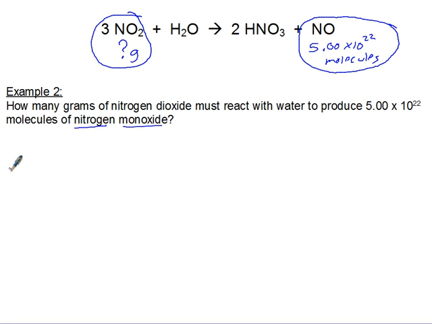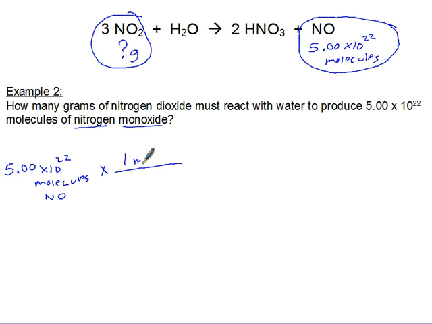All right, so we start with our given number, 5.00 times 10 to the 22nd. I'm going to put molecules below, molecules of NO. And I got to multiply that by something to get it to go away. Now remember, 1 mole equals Avogadro's number, or 6.02 times 10 to the 23rd molecules equal 1 mole.